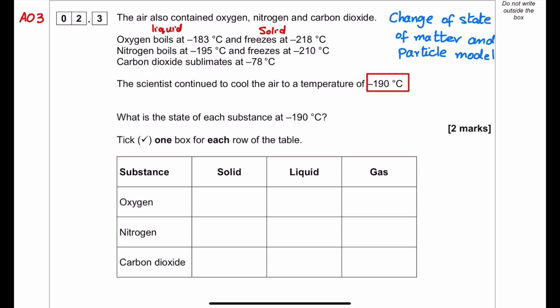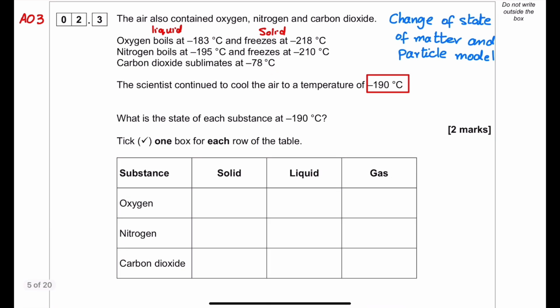Oxygen boils at minus 183 degrees and freezes at minus 218 degrees. Nitrogen boils at minus 195 degrees, whereas it freezes at minus 210 degrees. Carbon dioxide sublimates at minus 78 degrees. Sublimation means changing from the gas form to solid form.